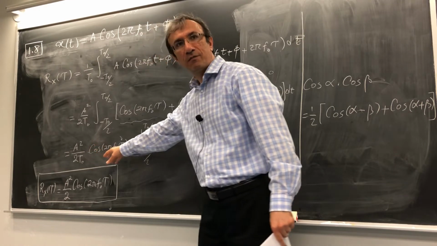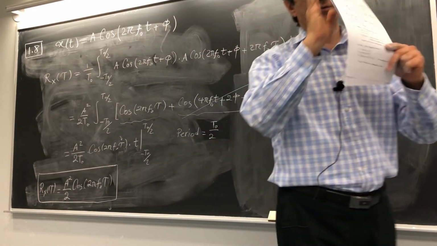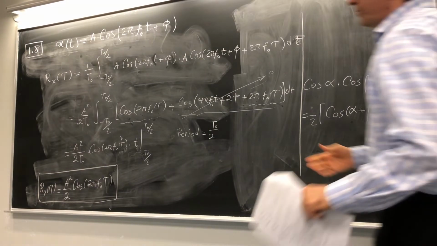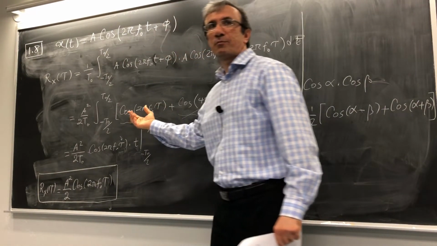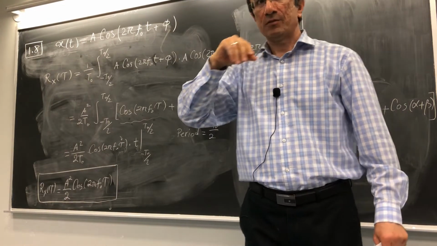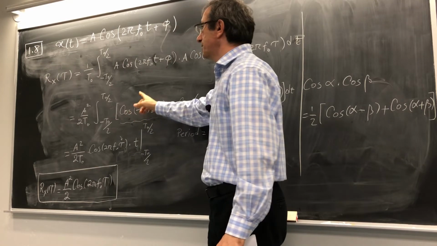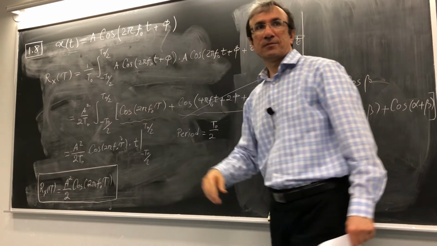And cosine of a constant value, you can look it up on a cosine table or calculator. So this would be a constant value, for instance, 0.85. So that constant value comes out of the integral, and what remains is just a 1 dt.